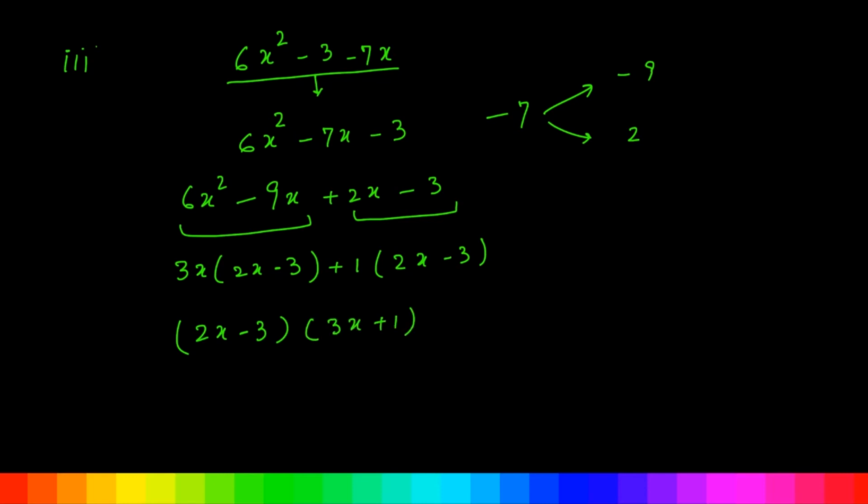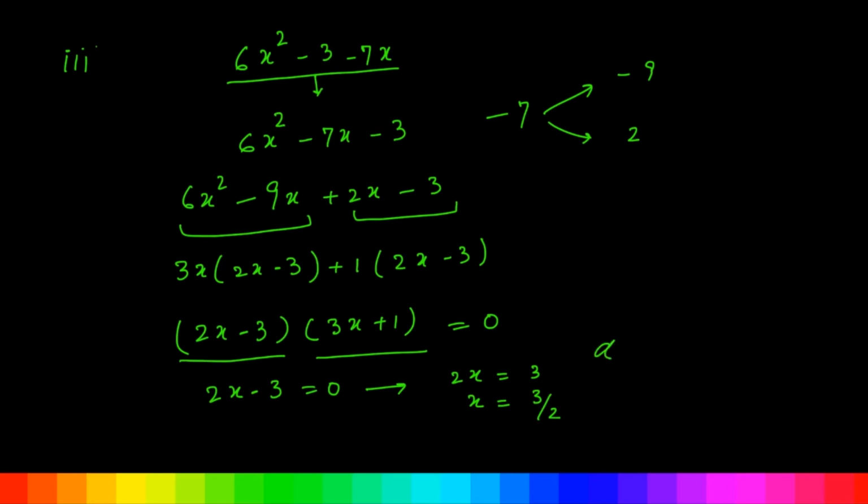Now these two factors are equal to 0. Hence, either 2x minus 3 is equal to 0. If so, 2x is equal to 3 and x is equal to 3 by 2.